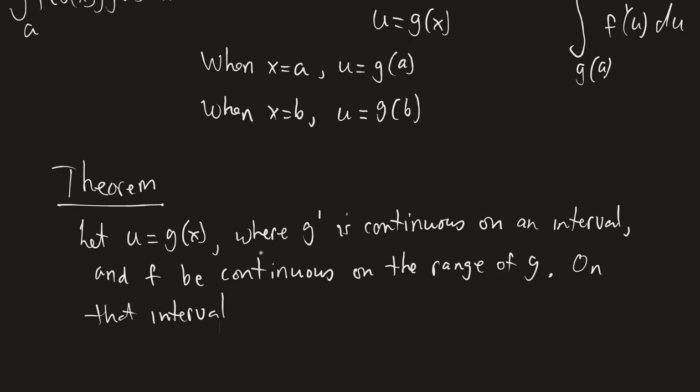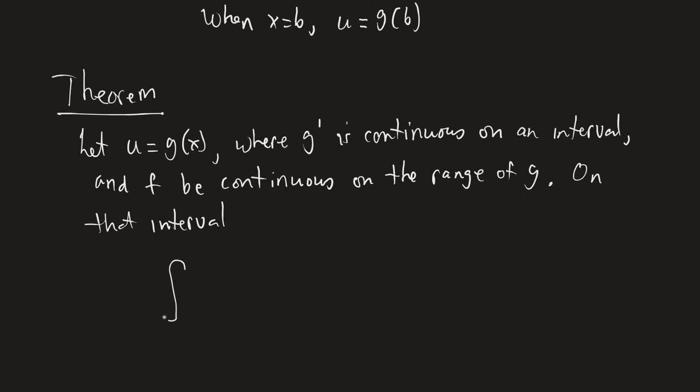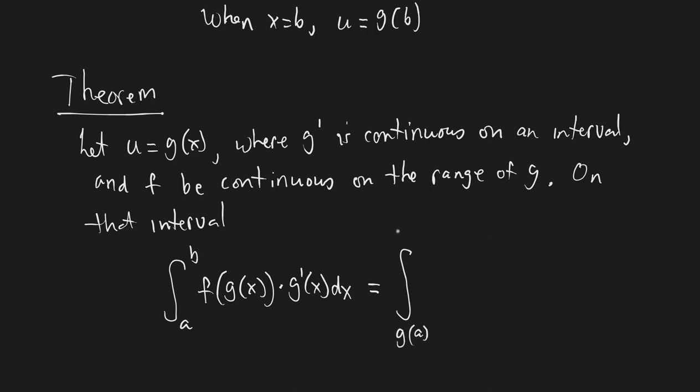The only difference is I'm just going to use f instead of f prime. So the integral from a to b of f, we're still going to have the composite, and we're still going to have the derivative of g on the outside, and then that integral is equal to the one that's converted over, where you have the lower limit g of a, upper limit g of b, and then the integrand becomes f of u du, right?